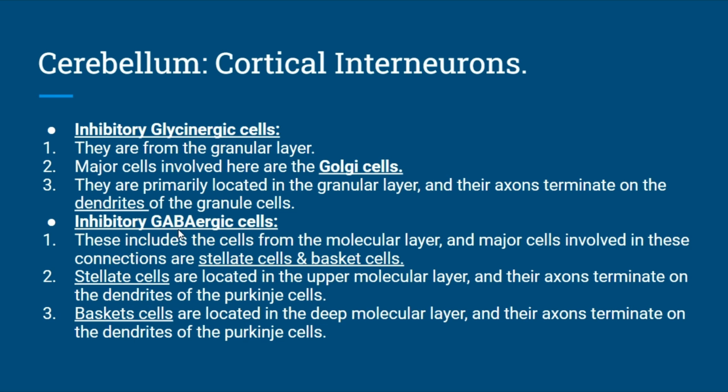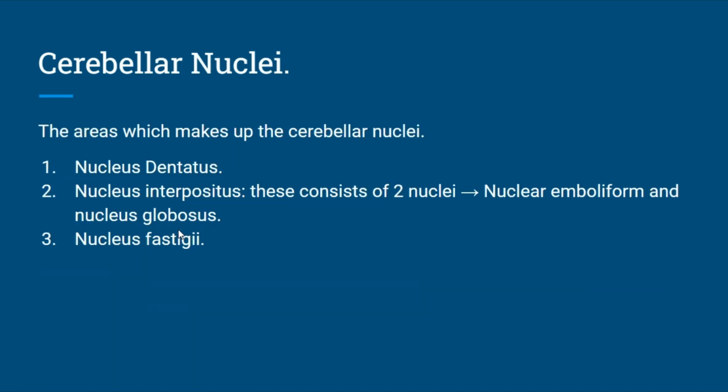The basket cells are present in the deep molecular layer, and again, their axons terminate on the Purkinje cells. The Purkinje cells are present in the middle layer, the Purkinje layer, so they have connections both up and down in both layers. Now we're going to look at the cerebellar nuclei.